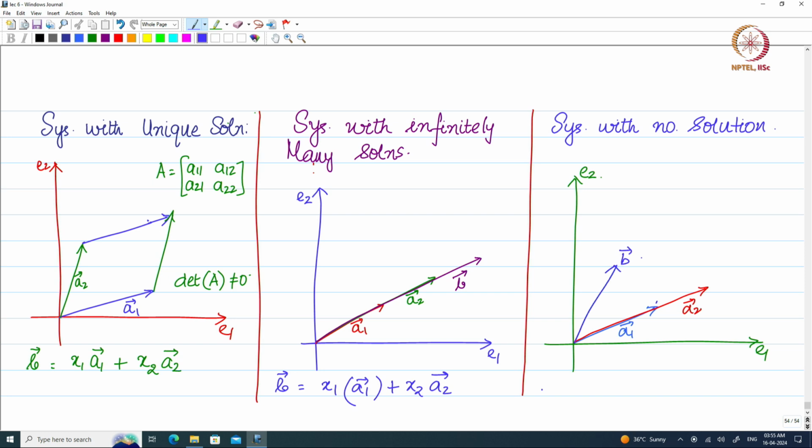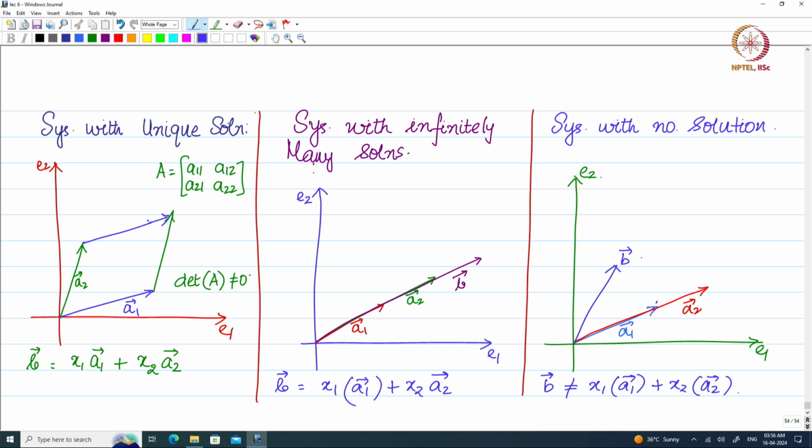So, in this case B can never be written as x1 into A1 vector plus x2 into A2 vector. This is basically the idea of a system with no solutions as far as your 2 dimensions are concerned.